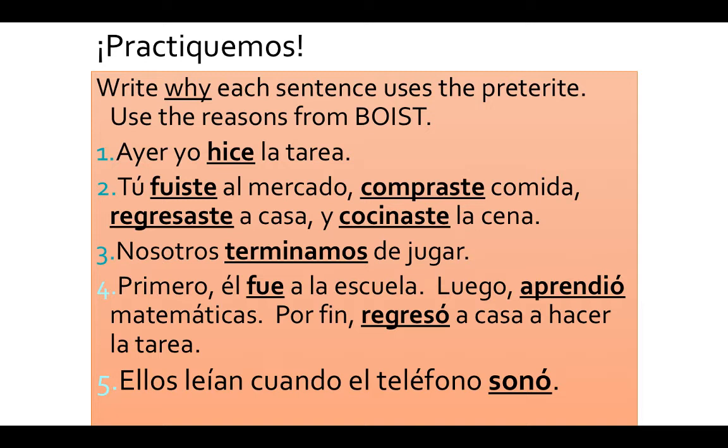Here we would use hice because this is a one-time thing. It's one of those pre-programmed words. One time I did my homework, and it was yesterday, ayer, specific time, completed event. Number two says, tú fuiste al mercado, compraste comida, regresaste a casa y cocinaste la cena. So you went to the market, you bought some food, returned home, and cooked dinner.